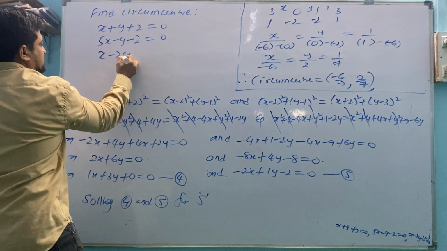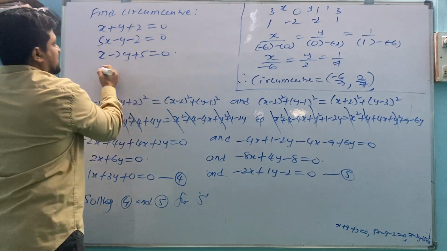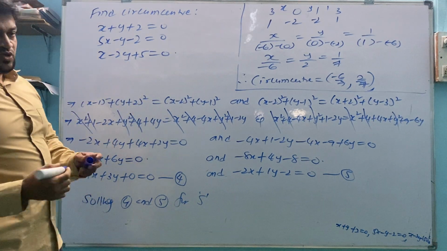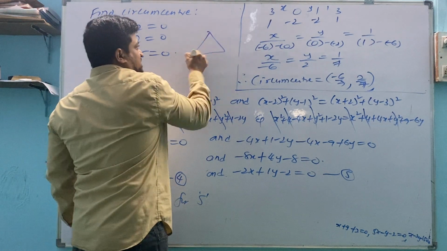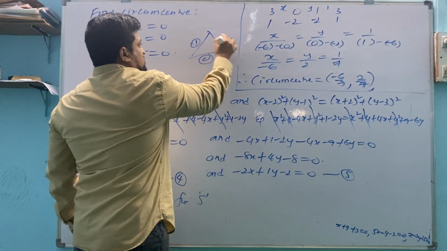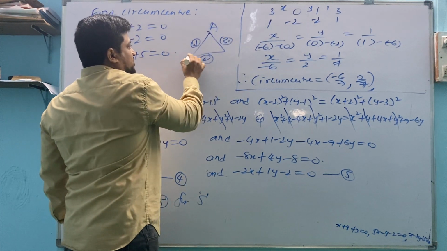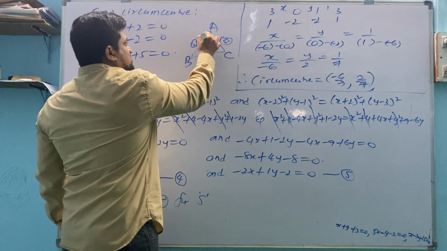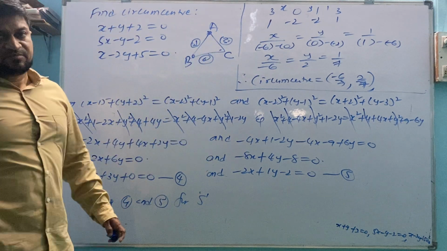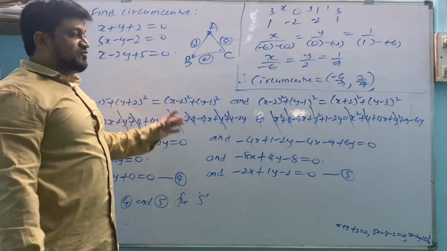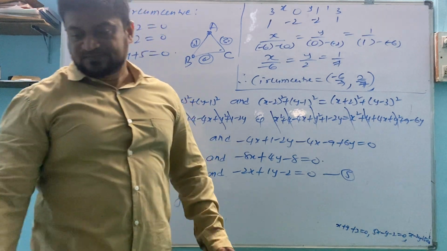These are the sides. Taking these as 1, 2, 3, solve 1 and 3 for A, 1 and 2 for B, 2 and 3 for C. Once you get points A, B, C, follow the same process. So watch the videos, then find this one.